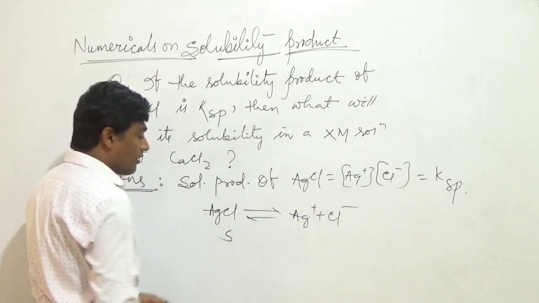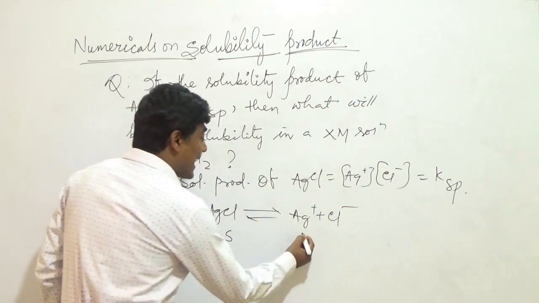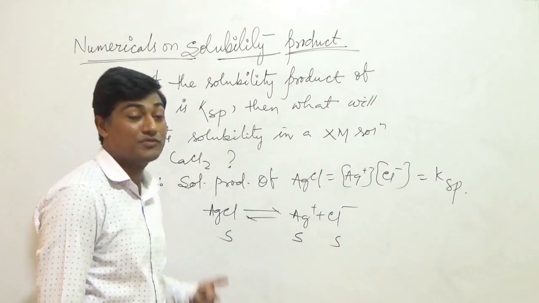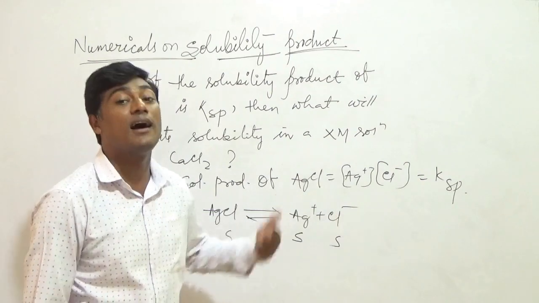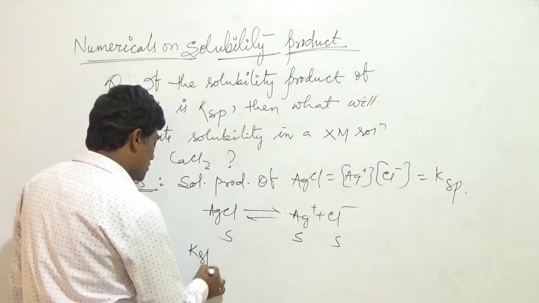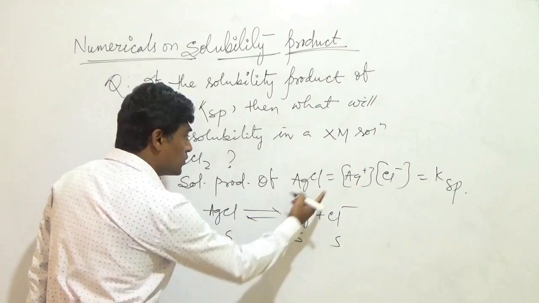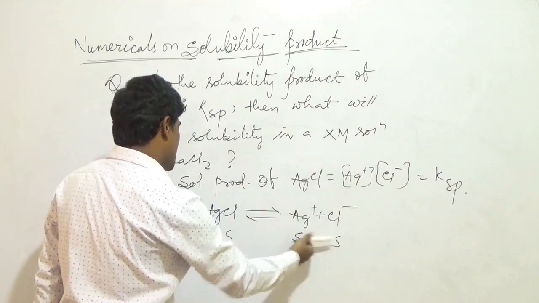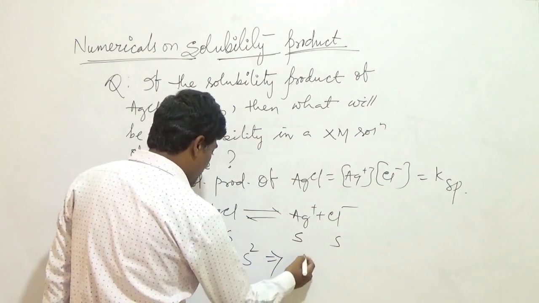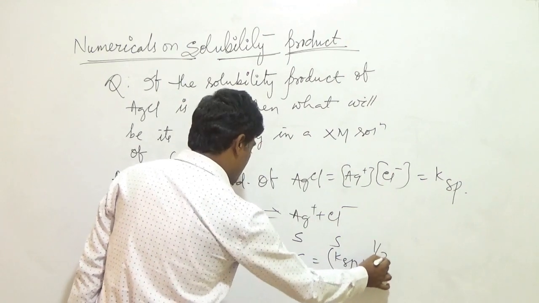If S mole of silver chloride dissolves at maximum, then S mole of silver and S mole of chloride ions are formed. So the solubility product is equal to Ag+ into Cl− concentration, S into S, which is S².